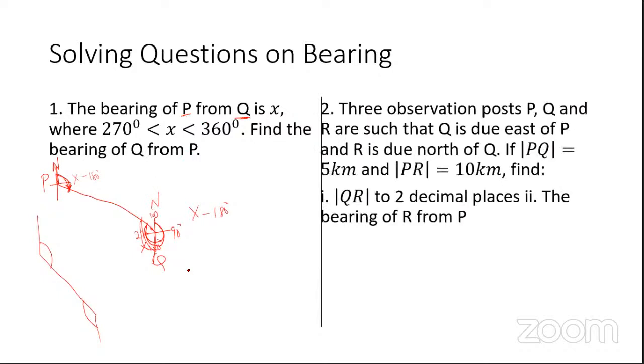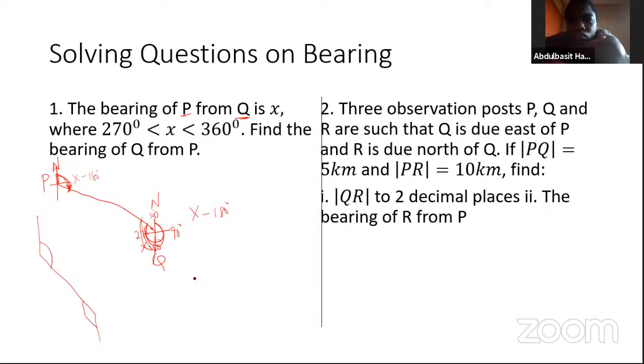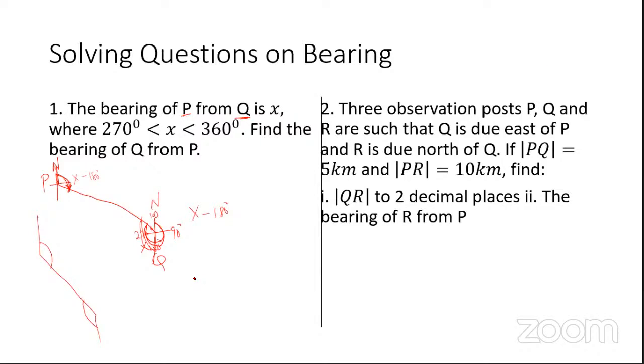The next question. We have a question here. It says three observation posts P, Q, and R are such that Q is due east of P and R is due north of Q. If PQ equals 5 kilometers and PR equals 10 kilometers, question 1, find QR to 2 decimal places.